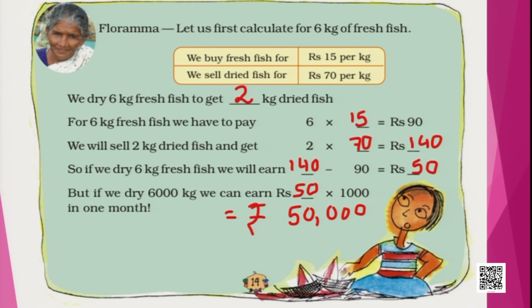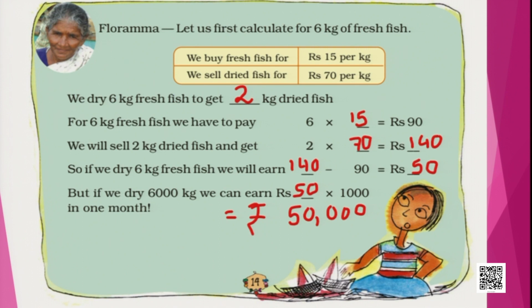So if we dry 6,000 kg, we can earn 50 into 1,000, which is equal to 50,000 rupees.